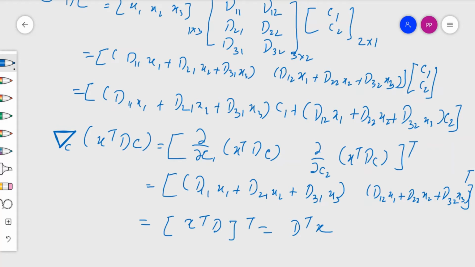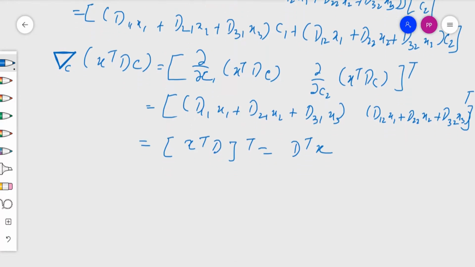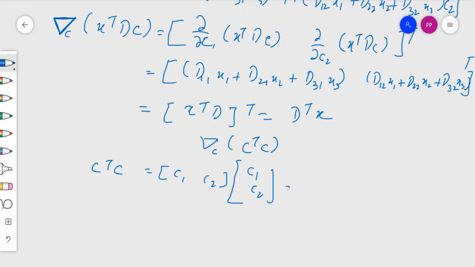Similarly, let us obtain the gradient for C transpose C, the second term. So towards the gradient C for C transpose C, we should write C transpose C is equal to C1 C2 and the vector C1 C2. This will give you C1 square plus C2 square.